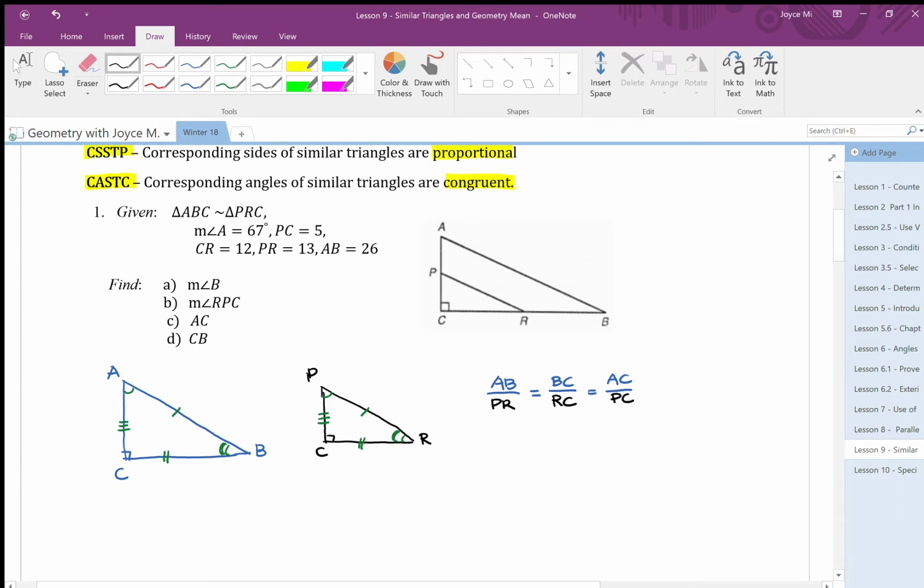Notice that I write the first triangle, the bigger triangle, on top in the proportional statement.